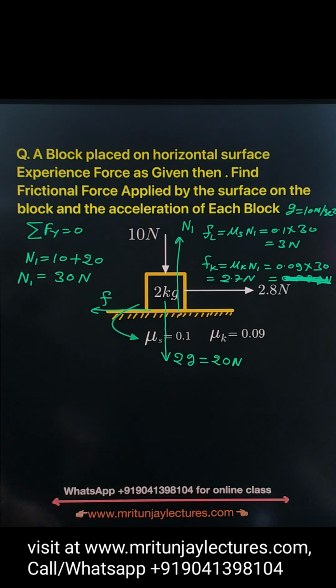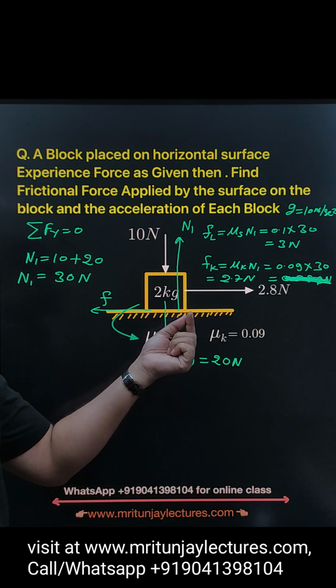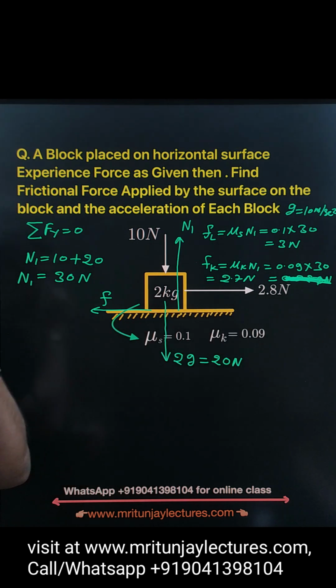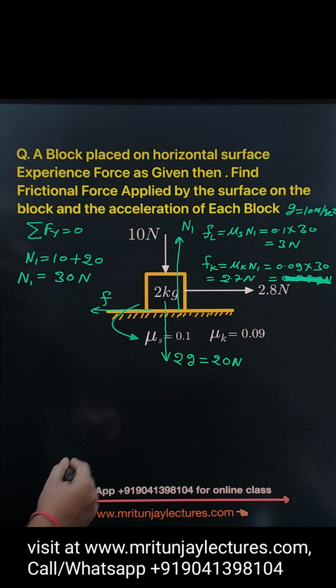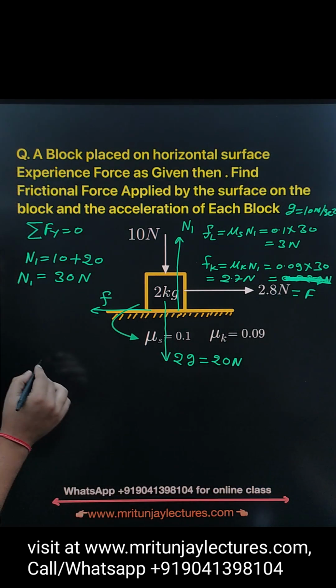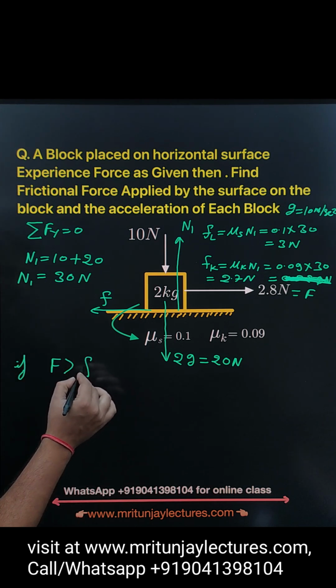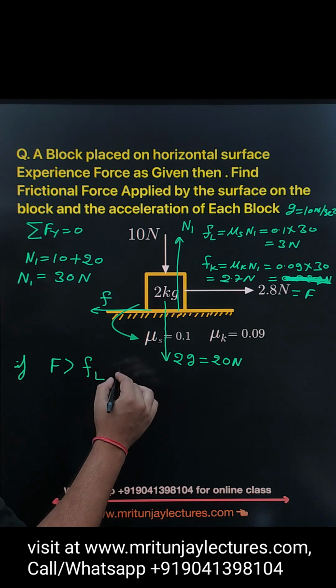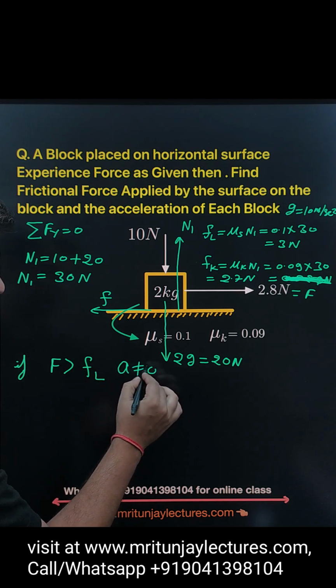After that, whether this block is moving or not is decided by the driving force and the frictional force. The driving force is capital F. Case one: if F is greater than the maximum frictional force, the limiting frictional force, then the block is moving and the acceleration is not 0.